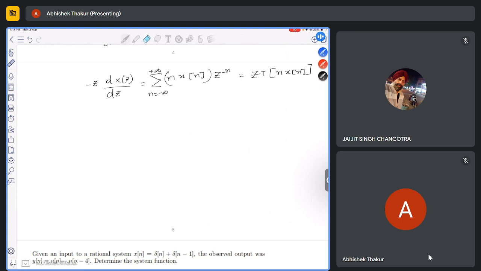Like above, what we have proved is that minus z dX(z)/dz is the z transform of n x[n].